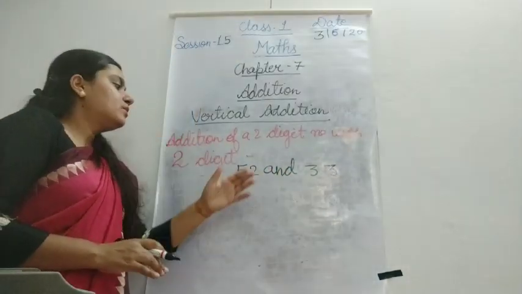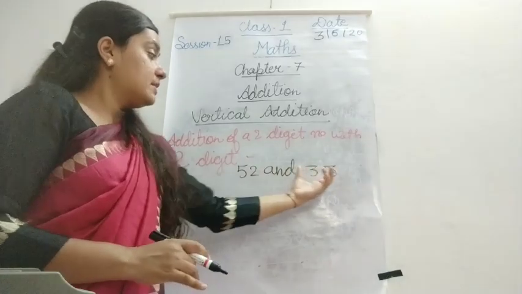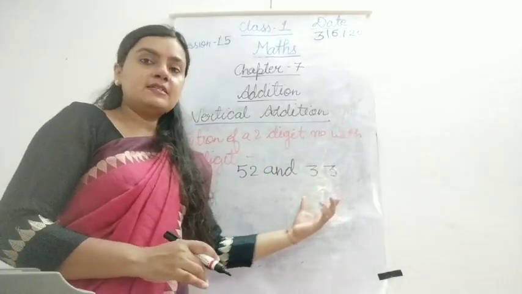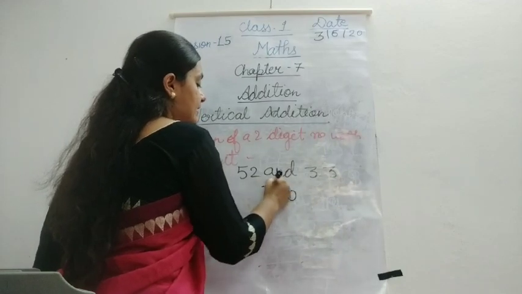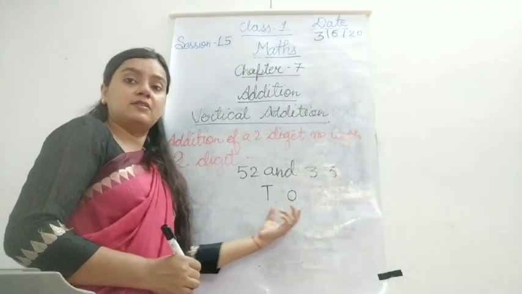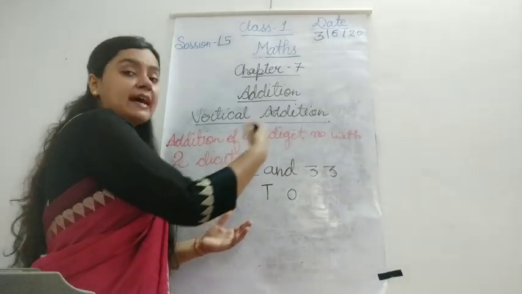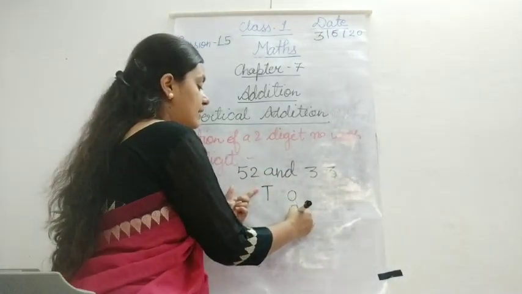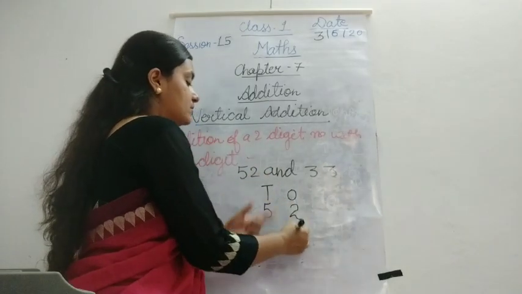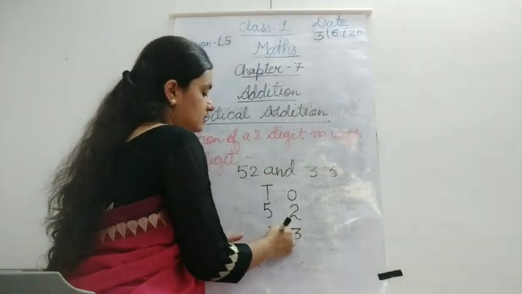So simple numbers are written like this. What you have to do is first write down ones and then write down tens. As I started writing from the back side, here also I have started from the back side, 2 and 5, and here also 3 and 3.